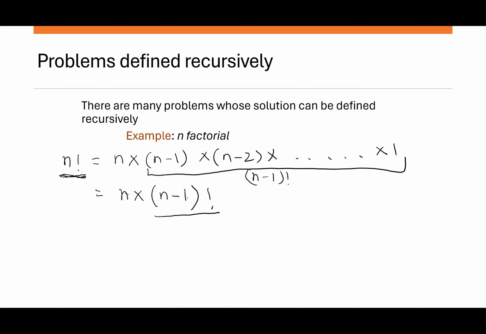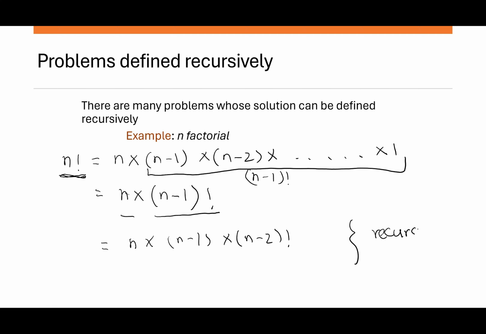So if I know (n minus 1) factorial, I can calculate n factorial. I can further break it down, like (n minus 1) factorial can be solved by (n minus 1) times (n minus 2) factorial, right? Okay, so that means I have been able to create a recursive case.